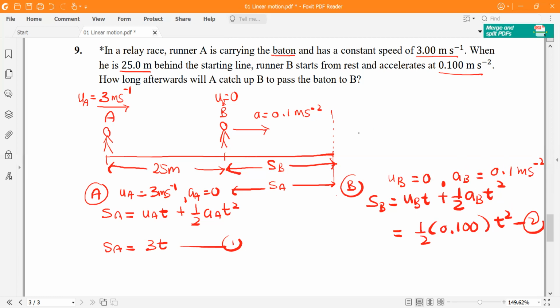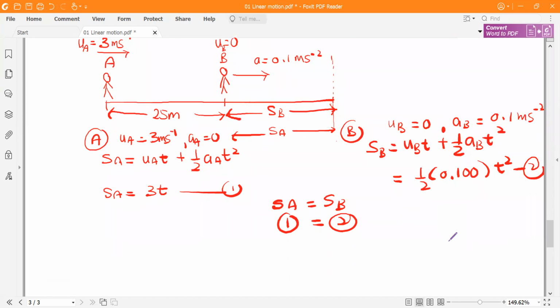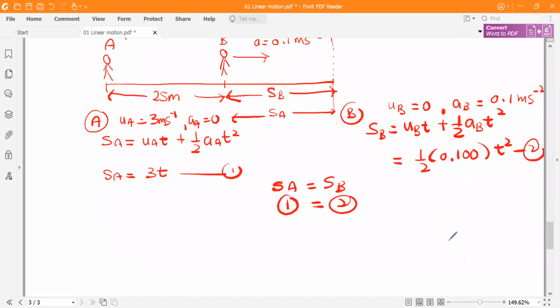But we understand that SA is equivalent to SB, meaning equation 1 should be equivalent to equation 2. That's all. You equate and solve the problem, and you get your answer.